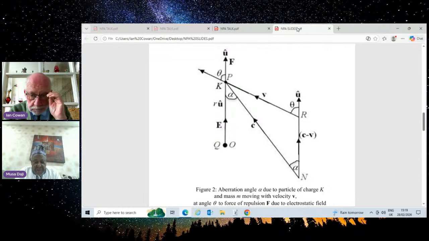Now, with the coming of relativity, where mass is supposed to increase with speed, Newton's law was changed to force is equal to the rate of change of momentum, where the mass is not constant.